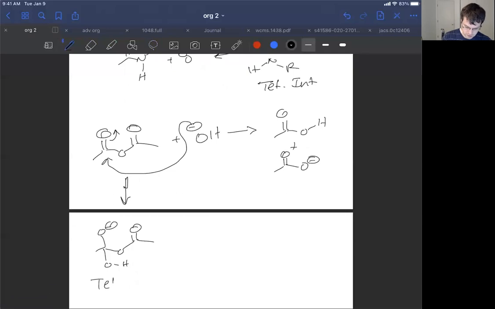So there's our tetrahedral intermediate. We've added, negative comes down, pushes off the oxygen that will better stabilize that negative charge. We get our carboxylic acid and our carboxylate.